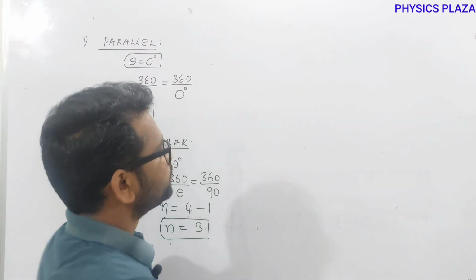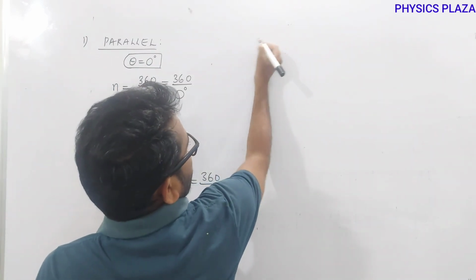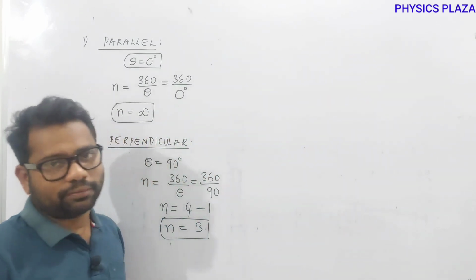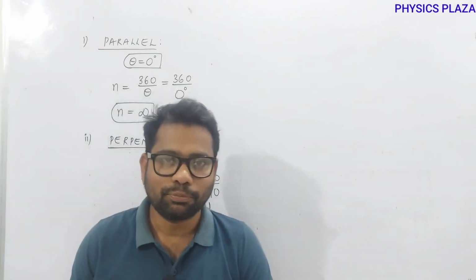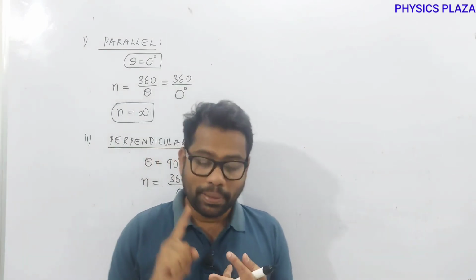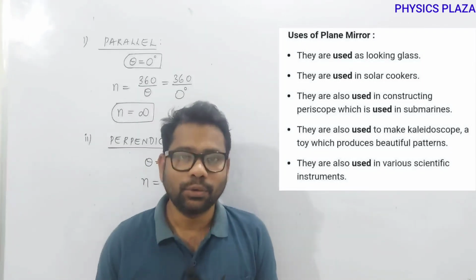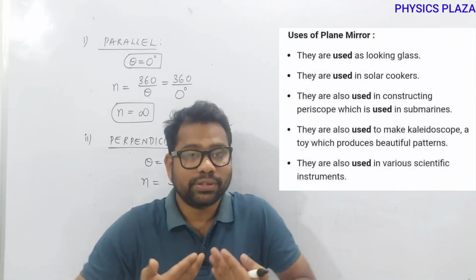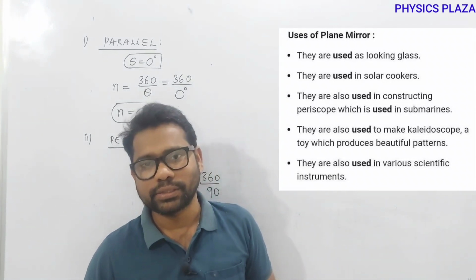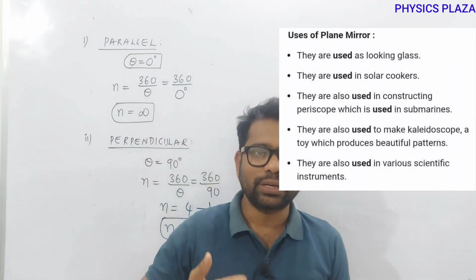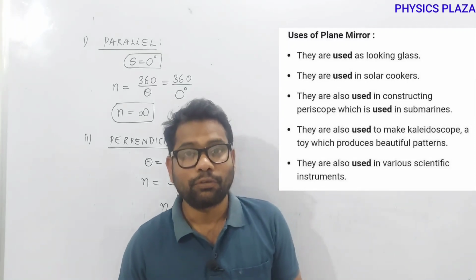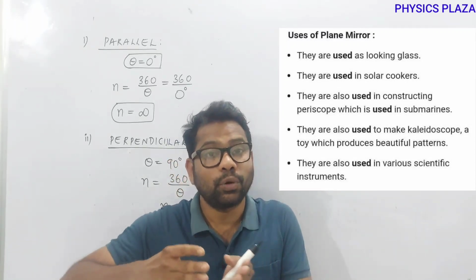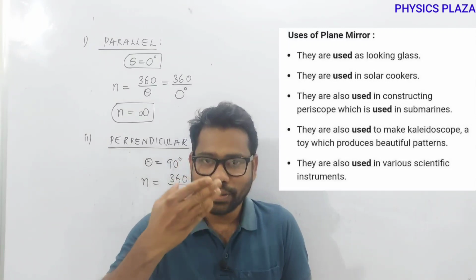Okay, children, fine. Now this is the time to see the applications of a plane mirror. Children, what are the applications of a plane mirror? Plane mirrors are used as a looking glass. Every day we look at a plane mirror. For some persons, the day won't go without seeing their face in a plane mirror.